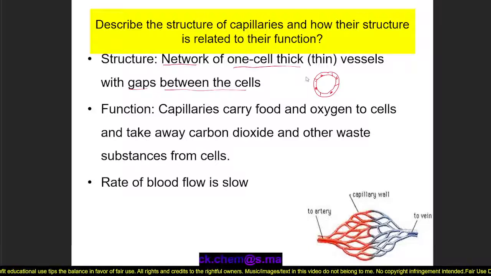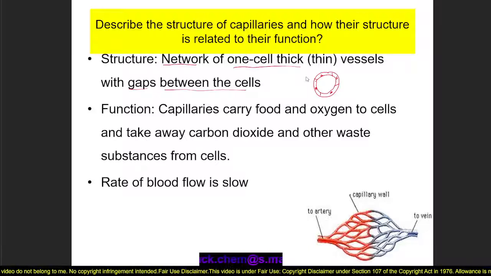In addition to transporting nutrients and oxygen to the cells of the body, substances must also be taken away from cells of the body. These substances include carbon dioxide and other waste materials. Carbon dioxide and waste materials must then move across the capillary wall into the blood.